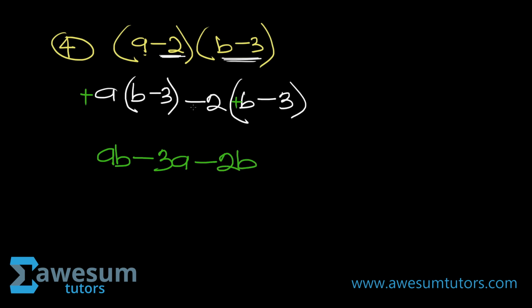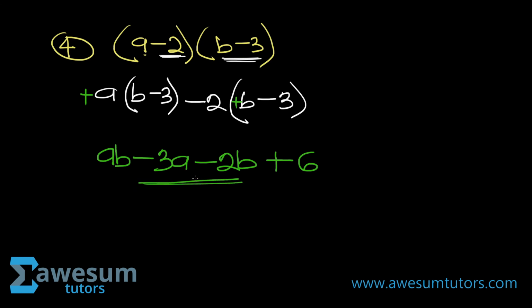Now negative times negative right here is going to give you positive, because that is like signs. Like signs will give you positive. 2 times 3 is going to give us 6. If you take a look at this, you realize we don't have like terms. We have learned about like terms before, and we know there are no like terms here.